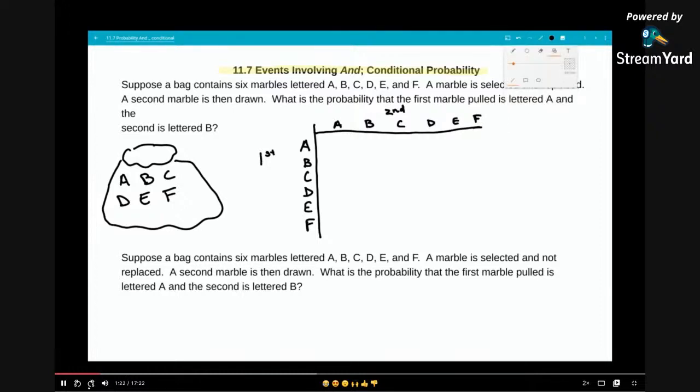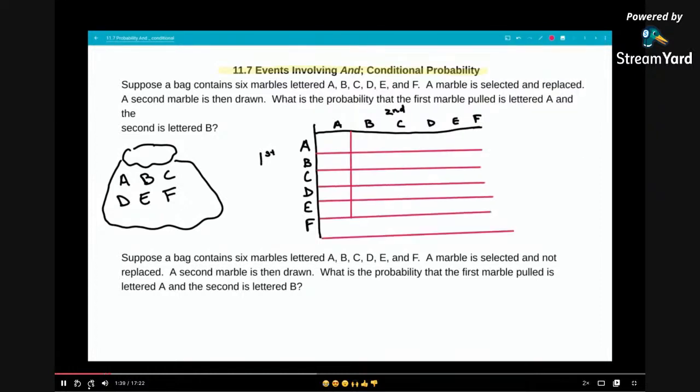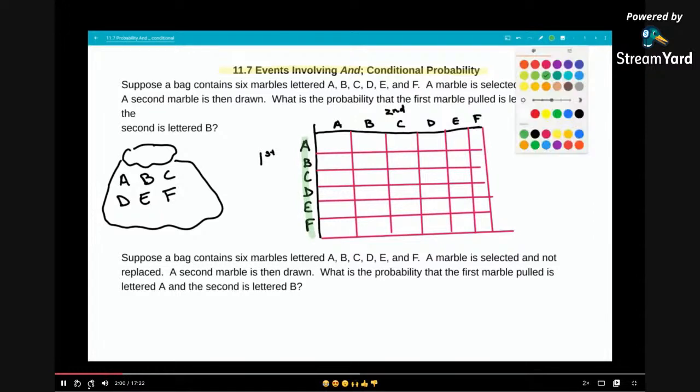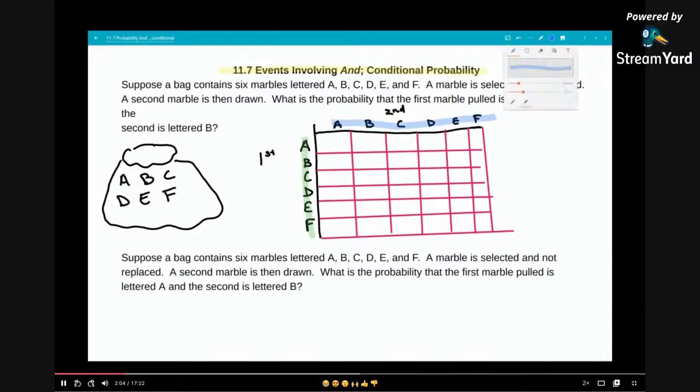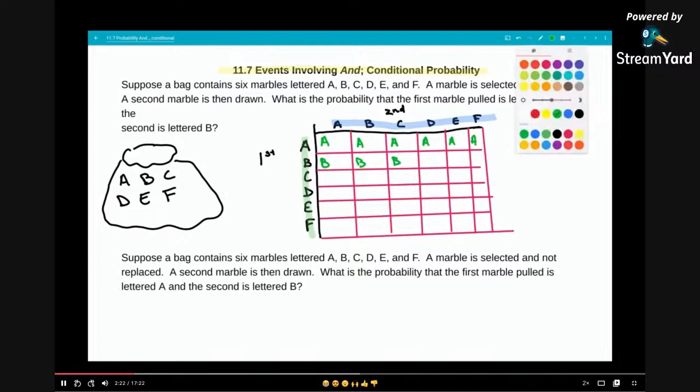So I know in my first pick I can get any one of those letters A, B, C, D, E, or F. And for my second pick, again, since the marble's going back in the bag, any one of those marbles is available. And what I'm starting to fill in now is the sample space. So all the green letters represent my first pick, and then all these second letters represent the second pick.